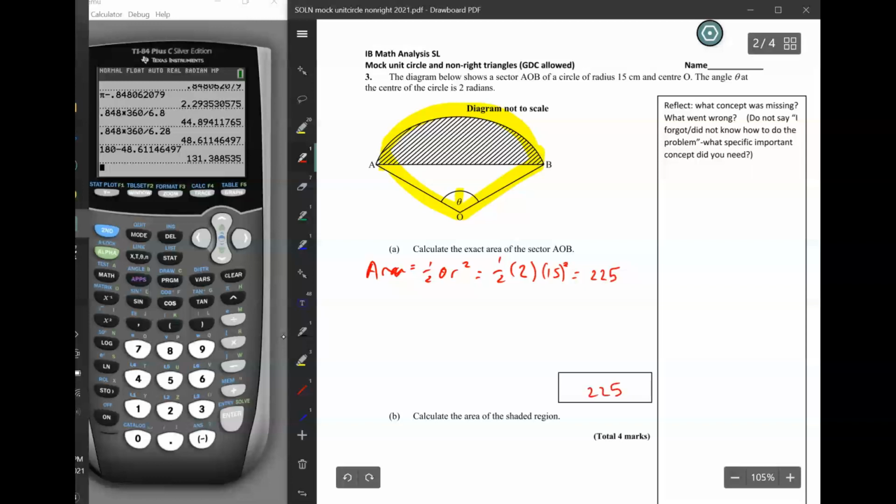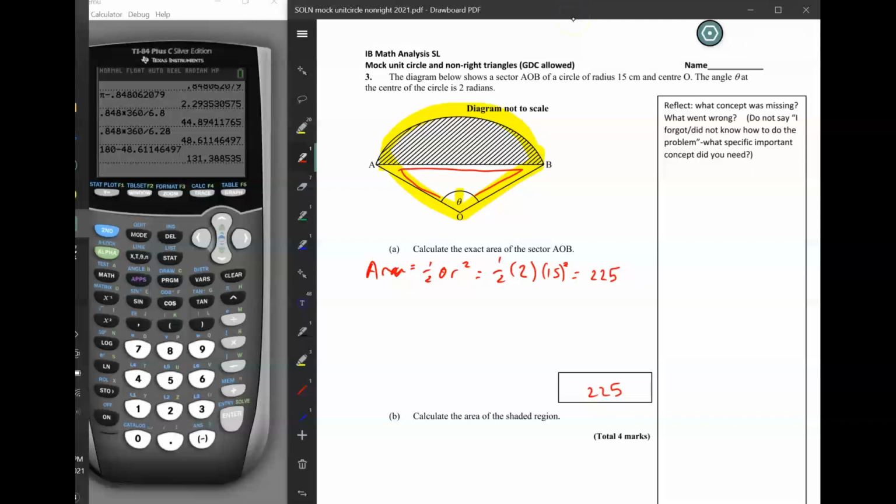Now let's calculate the area of the shaded region. Okay, so the shaded region basically is the yellow region minus this triangle. So what we need to do is figure out the area of that triangle. There's a couple ways to do it.